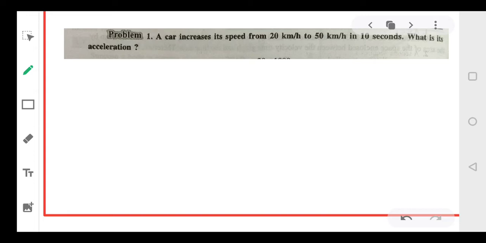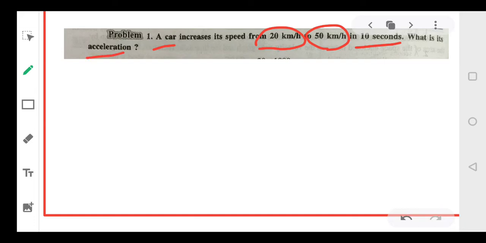See, numericals are very important and they are very easy also. The only thing is that you need to see what is given in the question. Now let's read. A car increases its speed from 20 km per hour to 50 km per hour in time 10 seconds.